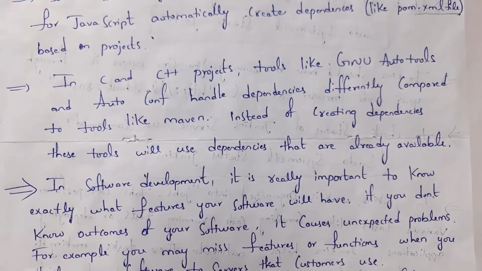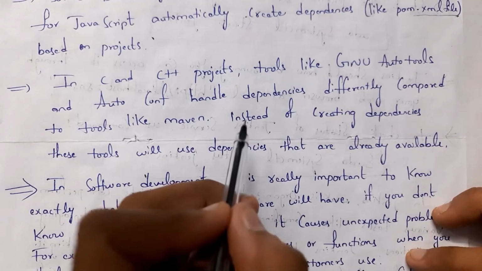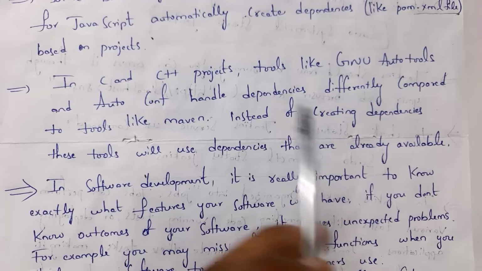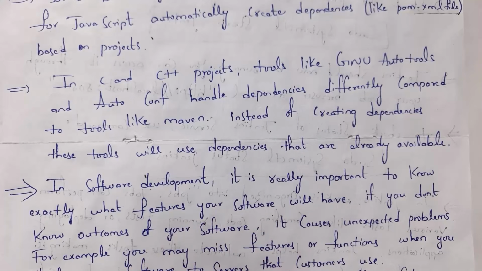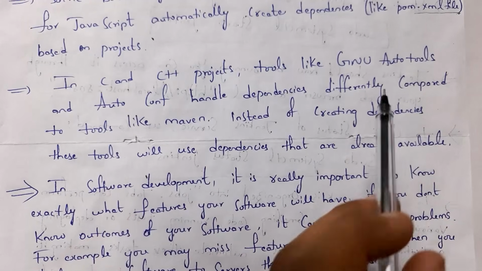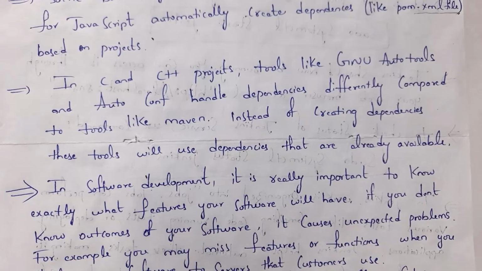Instead of separately creating dependencies, some dependencies are already present in these tools. So these dependencies are automatically added to C and C++ projects. Whereas the Maven tool will create dependencies based on the project, GNU Autotools and Autoconf tools already contain some dependencies, which are automatically added to all projects.